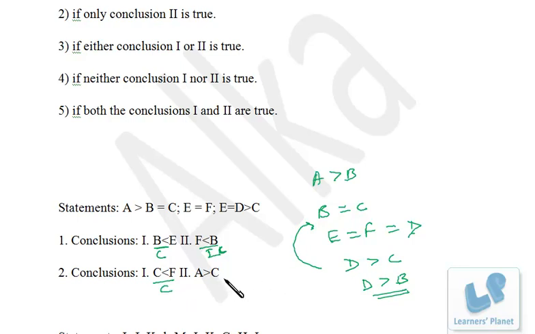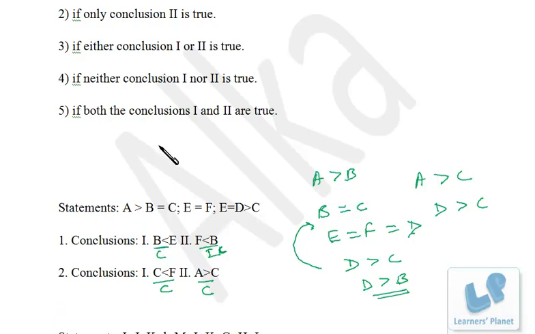Okay. Then A is greater than C. Now here A is greater than B and D is also greater than B, and B and C, both of them are same, right? So A is greater than C and D is also greater than C, but we cannot say what the relationship between A and D is, but we are asked about A and C, so A will be definitely greater than C. So this is correct, right?